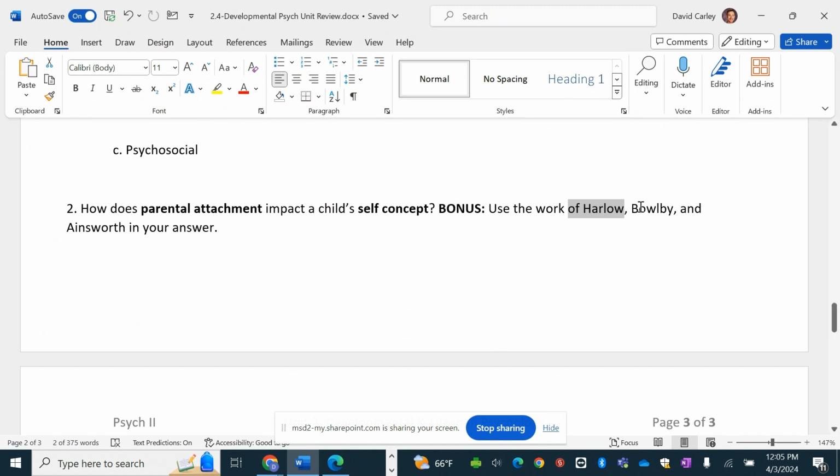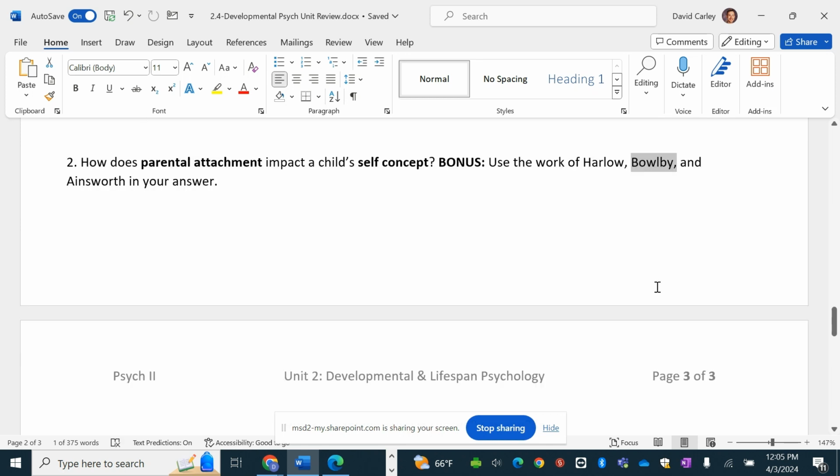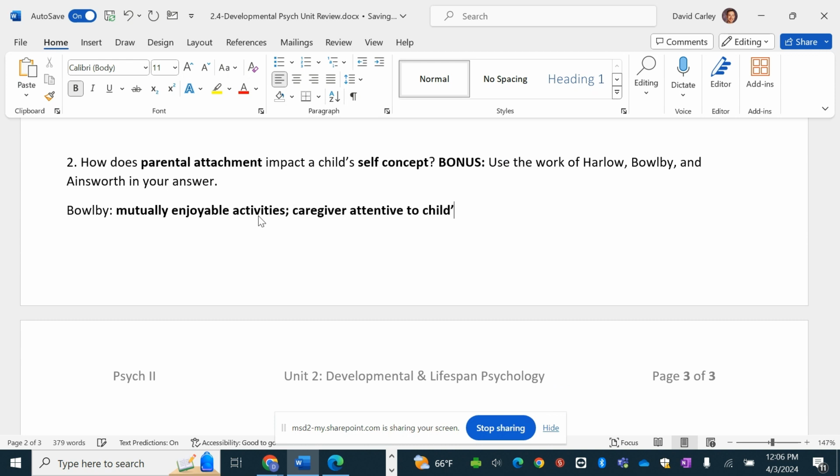Bowlby looked specifically at what secure attachment looks like, and the idea of a secure base and why that's important: being comfortable enough to explore the surrounding area, but then having your parent to come back to. The two big things for Bowlby were mutually enjoyable activities and a caregiver attentive to the child's needs. Pretty basic stuff when you think about it, but it's just an overview.